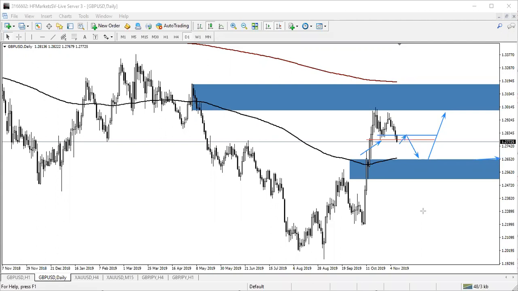So irrespective of our directional bias, one thing is key, our patterns. Our pattern is key. So let's take a look at H4.